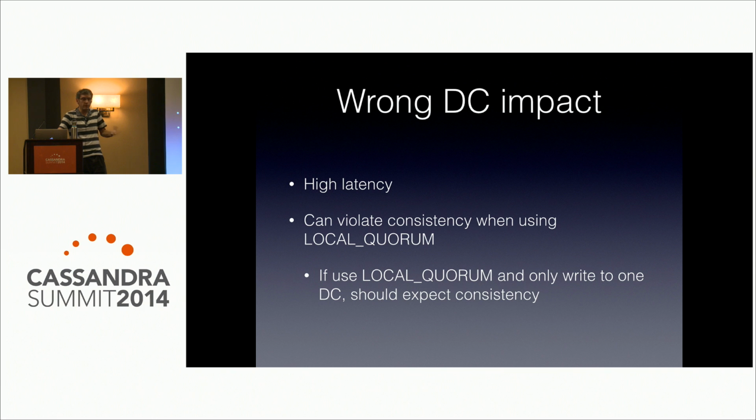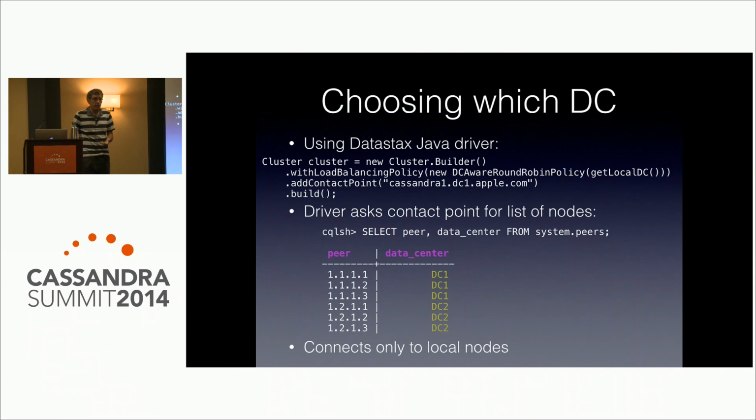So how did we get into this state? Well, I'm going to explain how your client chooses which DC to connect to. Using the DataStax driver, this is how you initialize it, something like this. The key components here are the DC-aware round-robin policy. That takes in a DC name. I've just made this function get local DC. And then it will only select nodes that are within that DC.